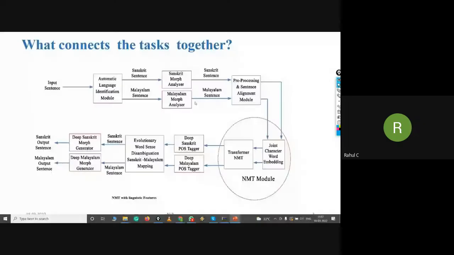Okay. So here we discussed the transformer NMT model. But if you are giving source and target sentences, Malayalam and Sanskrit sentences, to a vanilla NMT model for neural machine translation, it will result in poor translation efficiency. Why?